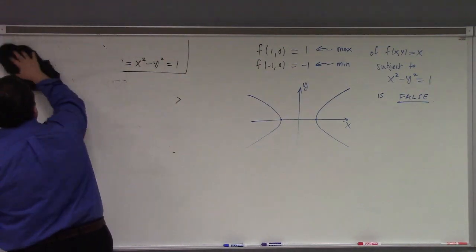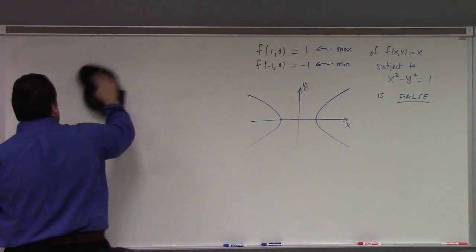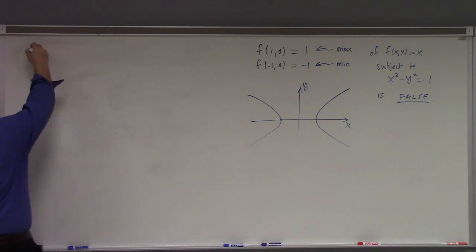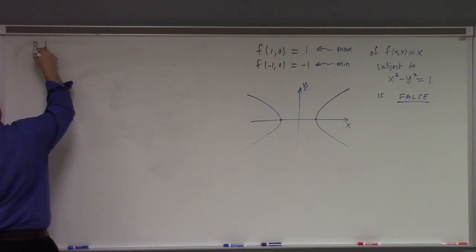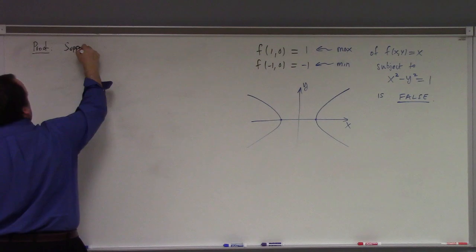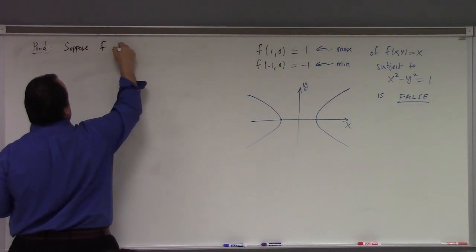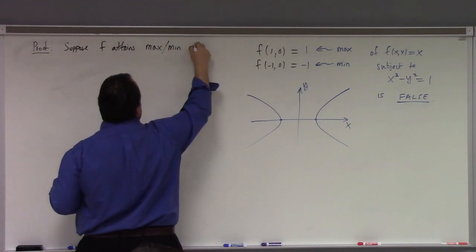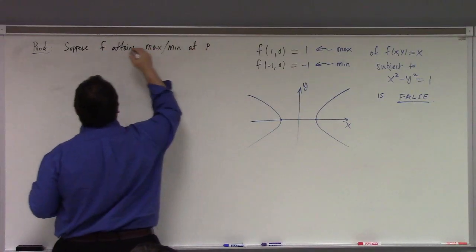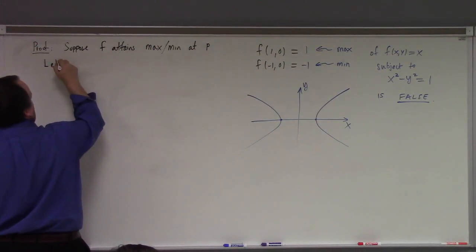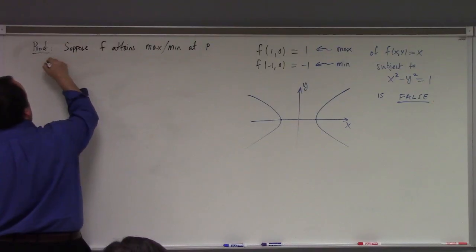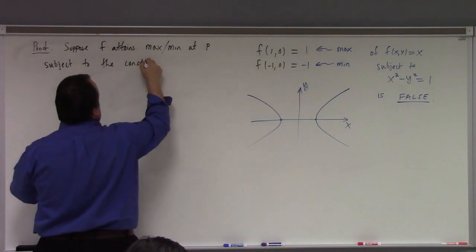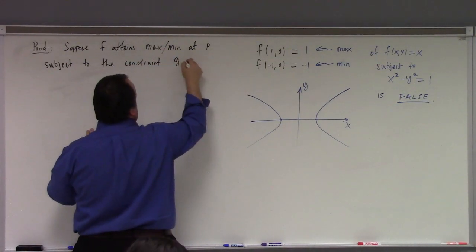So the proof starts with the assumption: suppose f attains a maximum or minimum at a point P, subject to the constraint G equals a constant, all right?